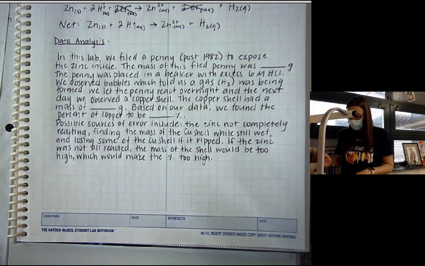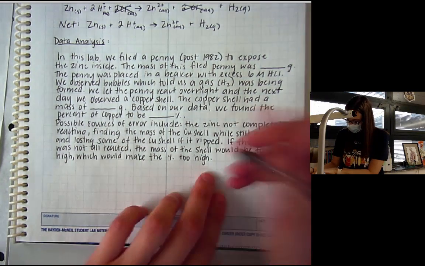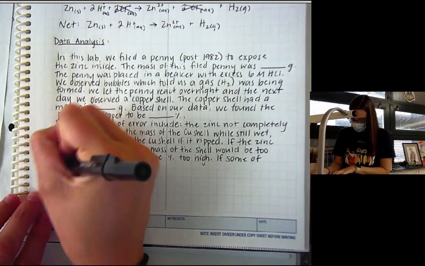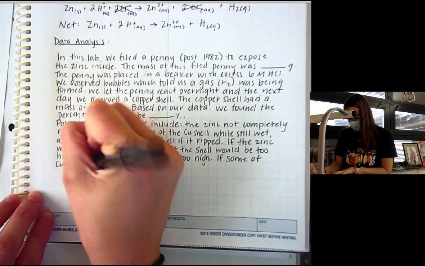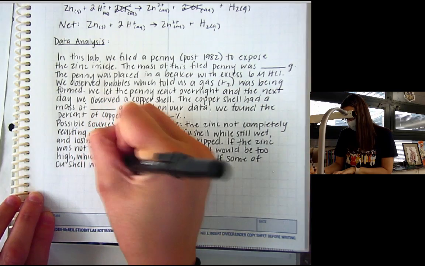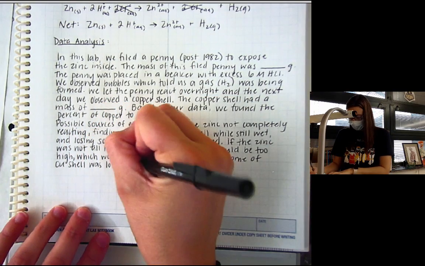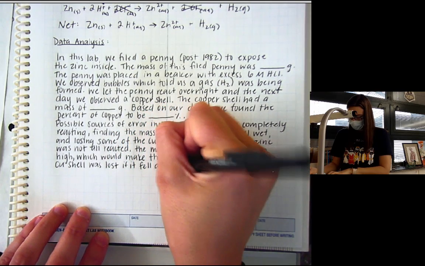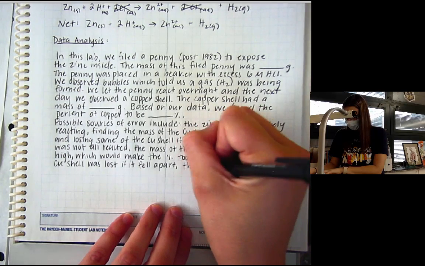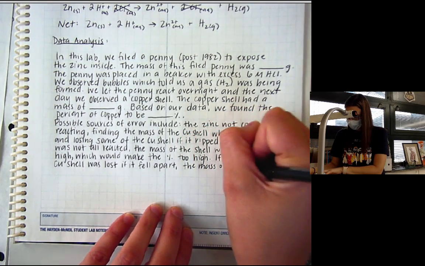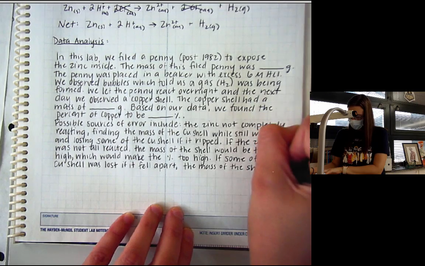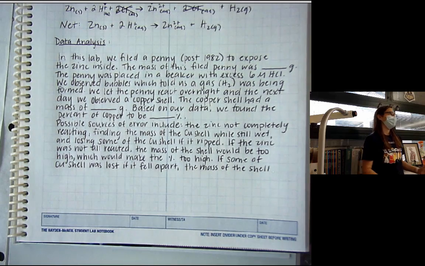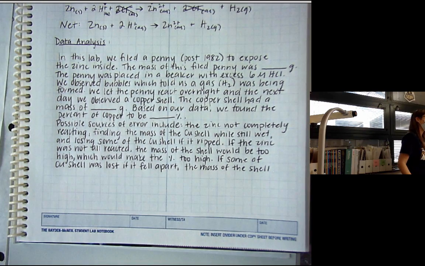Okay, let's talk about error analysis for a second source of error. So let's say if some of the Cu shell was lost, let's say if it fell apart, the mass, so if some of the copper shell fell onto the lab table or fell onto the floor, you went to take the mass of the copper shell.